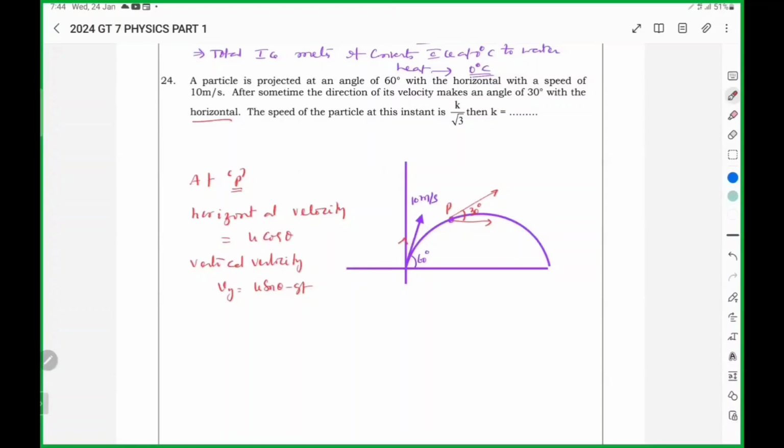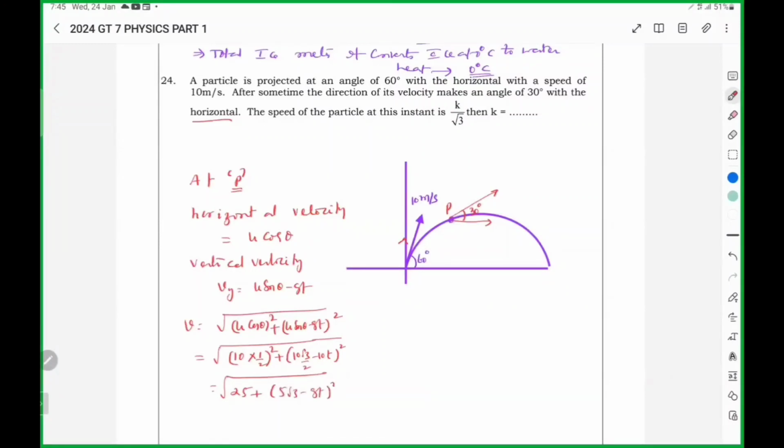The vertical velocity changes, and the velocity will be the resultant velocity. So now you know the projected angle, cos 60 is half, and g you know. So it is 25, plus (5 root 3 minus gt) whole square.